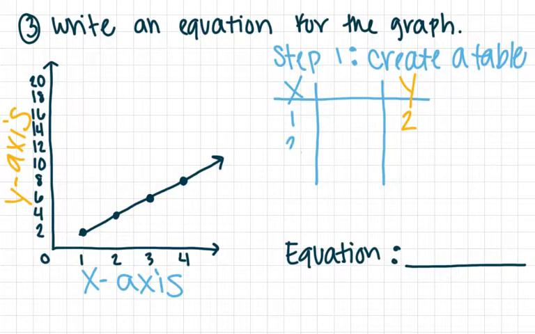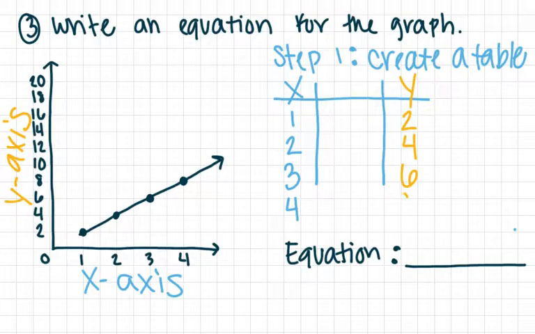The next point is over 2, up 4. My next point is over 3 and then up 6. And then that last point is over 4 and then up 8. Okay, so there's my table.